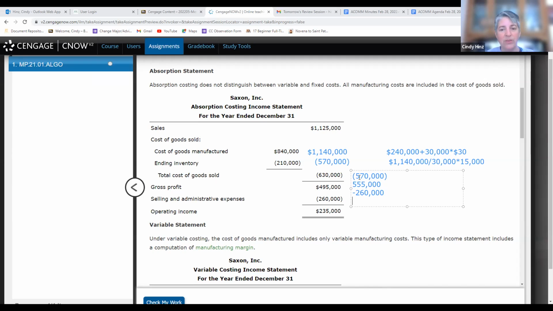The extra 60,000 that we shifted from cost of goods sold into the ending inventory goes straight to the bottom line and increases our operating income by $60,000. Do those calculations make sense so far?